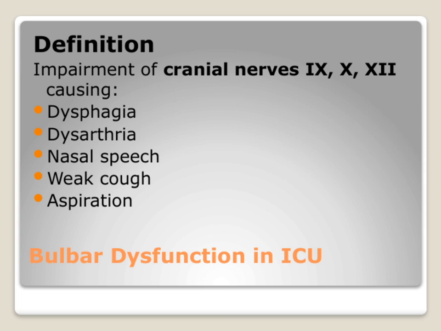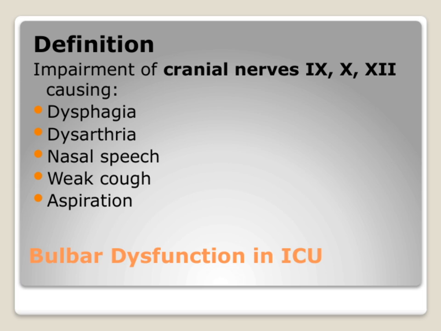Let's take a closer look at what happens when there's an impairment of cranial nerves IX, X, and XII. These nerves are crucial for many functions related to swallowing and speech. When they are affected, we often see issues like dysphagia, which is difficulty swallowing, and dysarthria, meaning trouble articulating words clearly. Additionally, nasal speech can occur, making the voice sound nasal or congested. We also need to consider the weakness of the cough reflex, which can increase the risk of aspiration, where food or liquids go into the airway instead of the stomach.